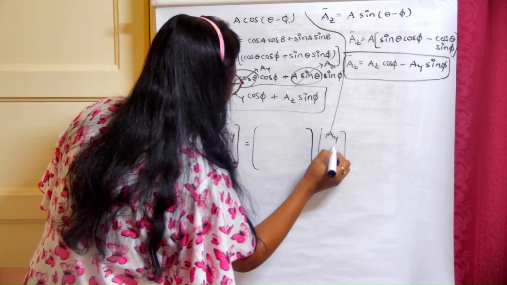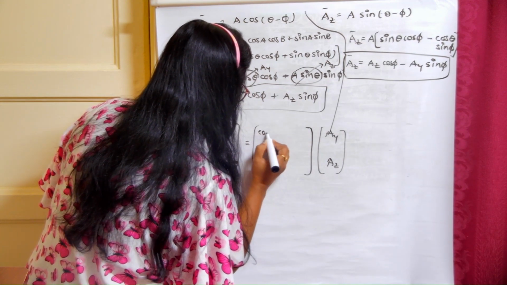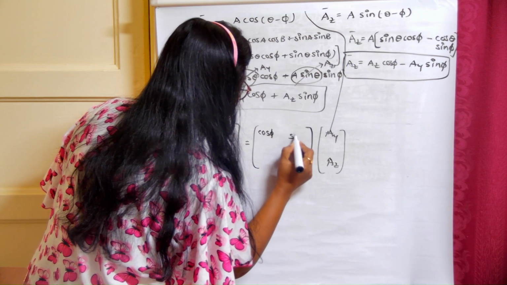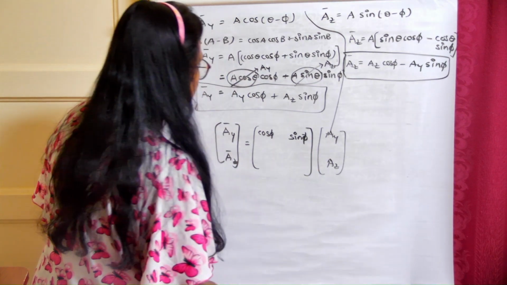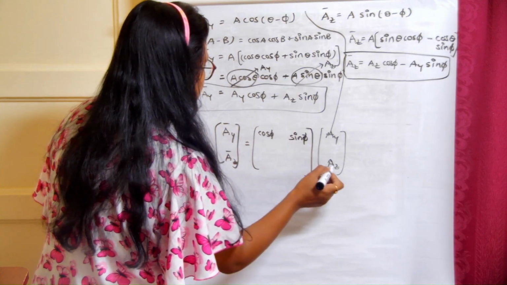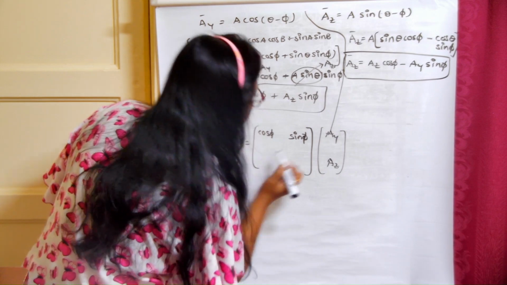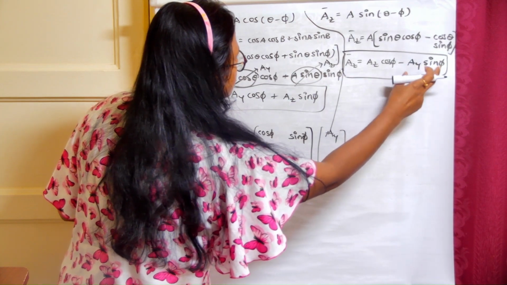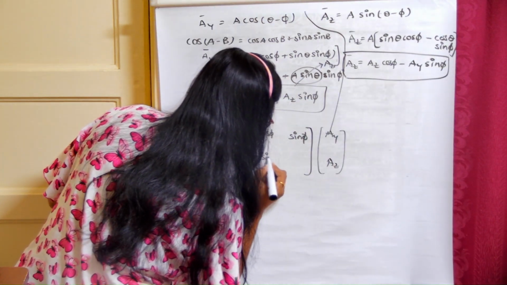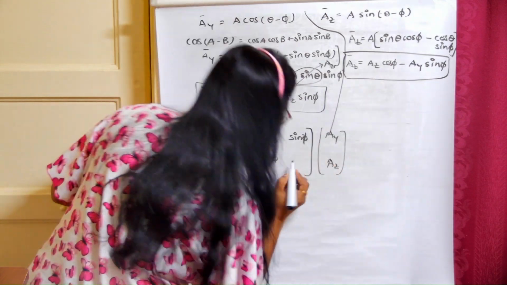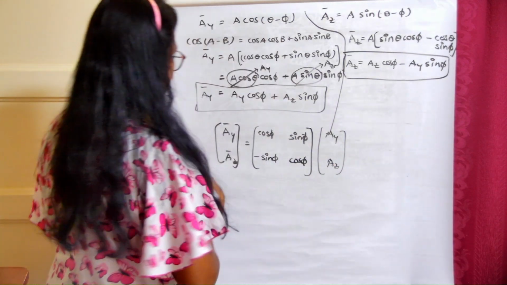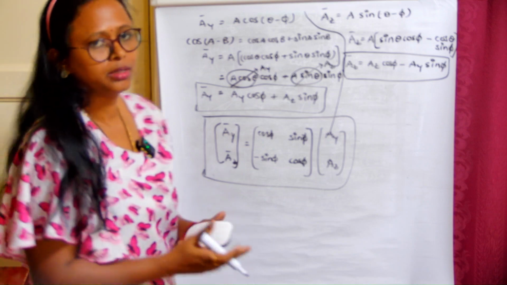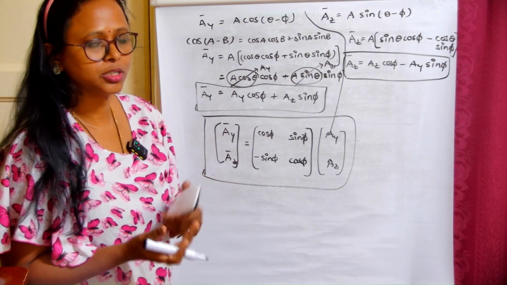First, let us write the Ay components: cos phi, and here comes sin phi, which is the coefficient of Az for Ay bar. And then the coefficient of Ay is minus sin phi, and here is the cos phi. And this is when the y and z axes are rotated with respect to x.